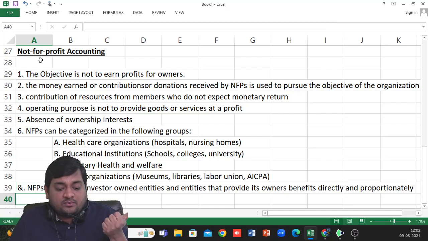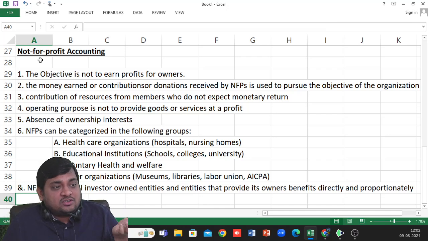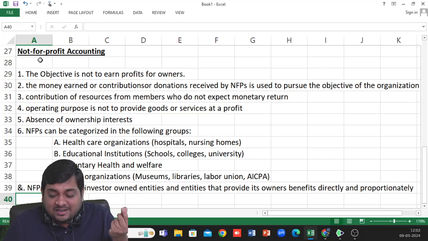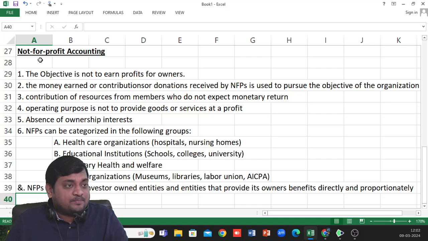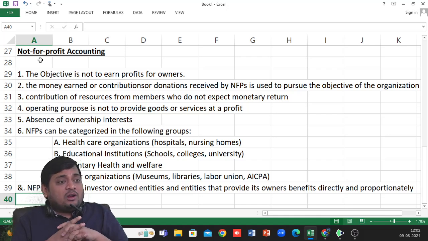So not for profit organizations exclude all investor owned entities and entities that provide its owners benefit directly and proportionately.